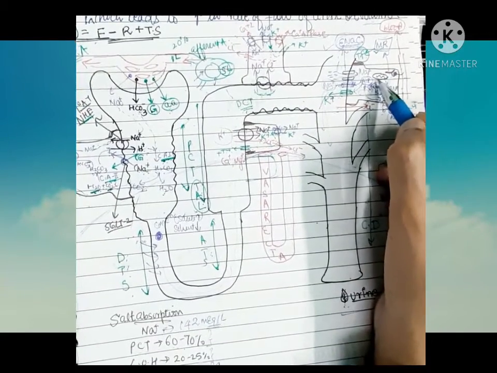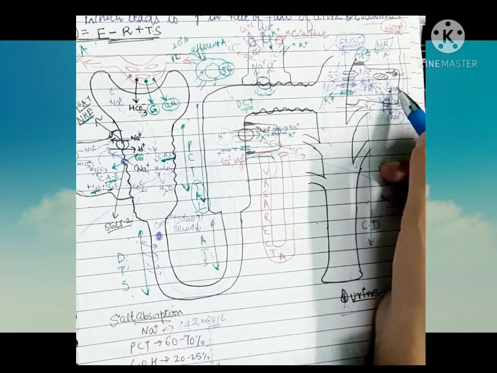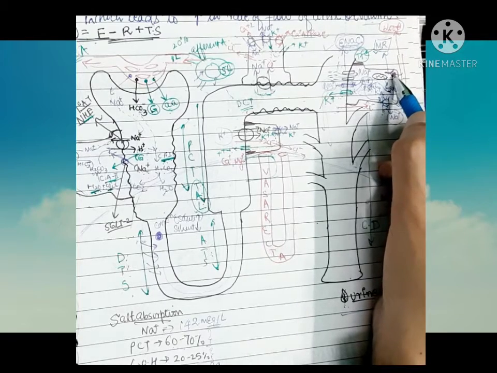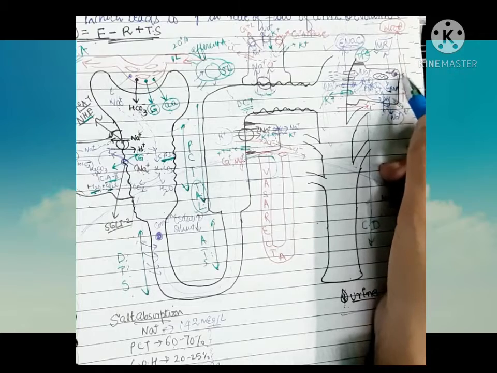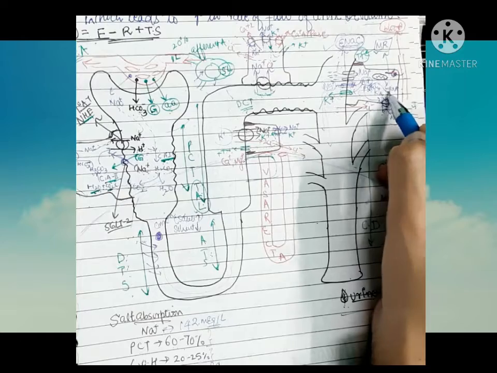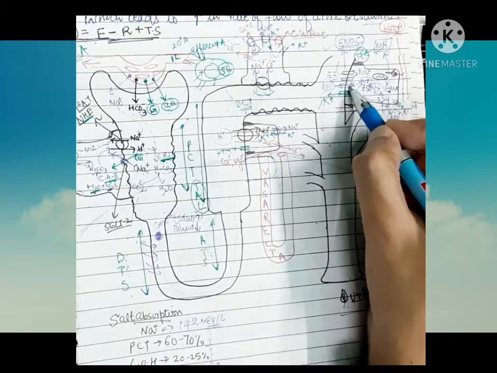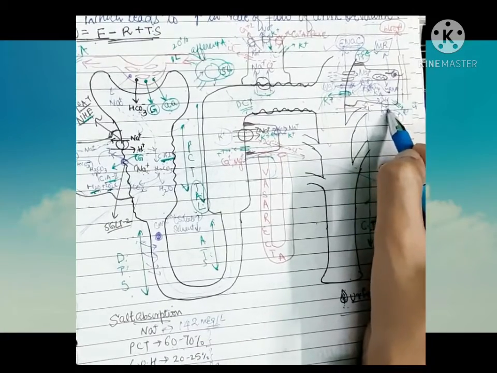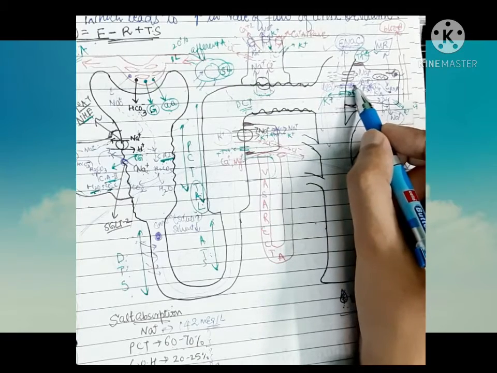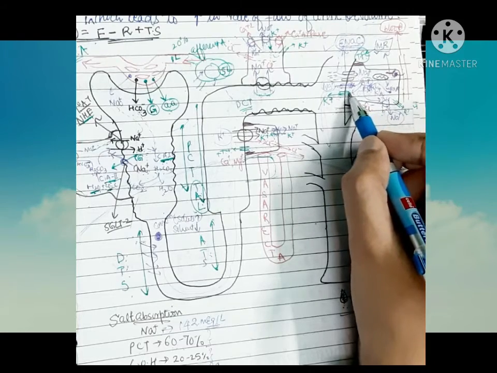Then the further process in the nucleus, the formation of mRNA, that is transcription, with the help of this transcription factor, is inhibited by the aldosterone receptor inhibitor. Then there will be no transcription and no translation, so no protein formation, and that protein would help in the formation of the sodium channel, potassium channel, and sodium potassium ATPase. Then there will be less sodium channel formation, so less sodium reabsorption, and less potassium channel formation, so less potassium secretion.